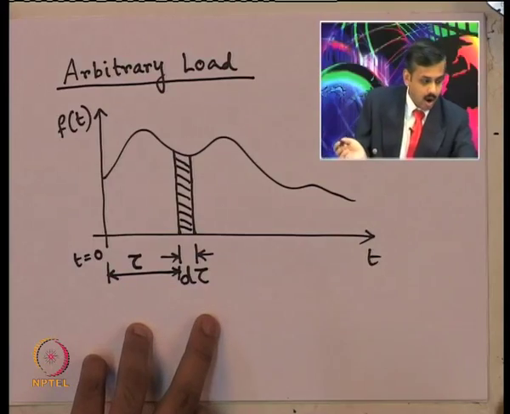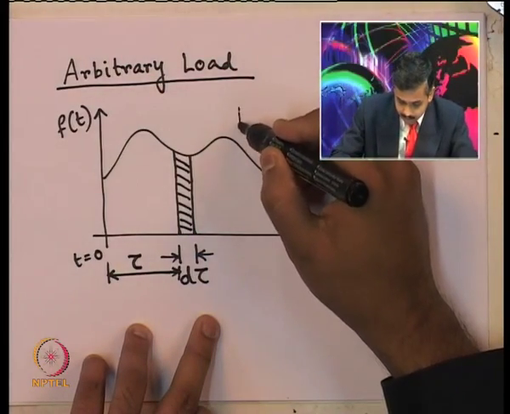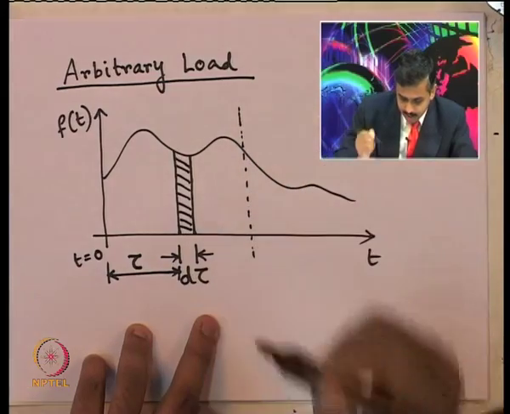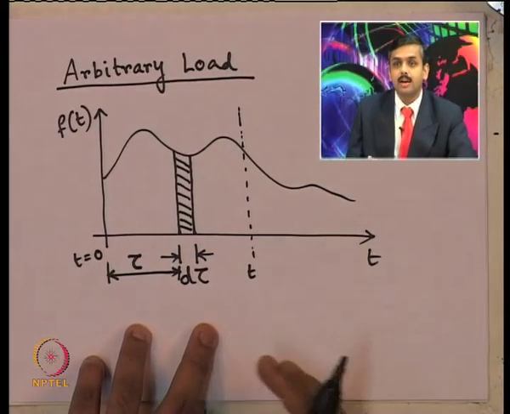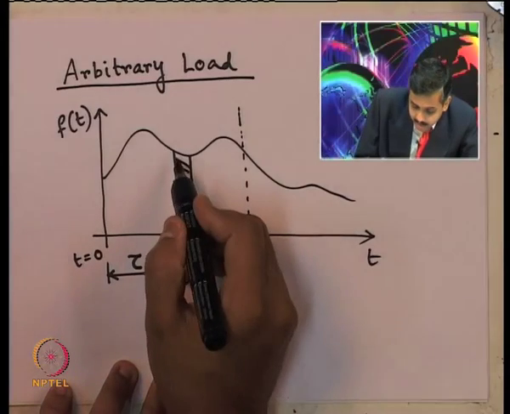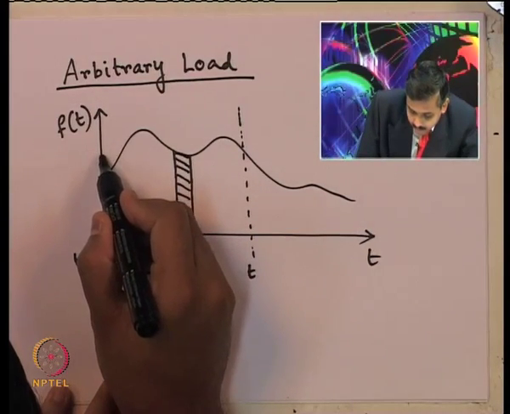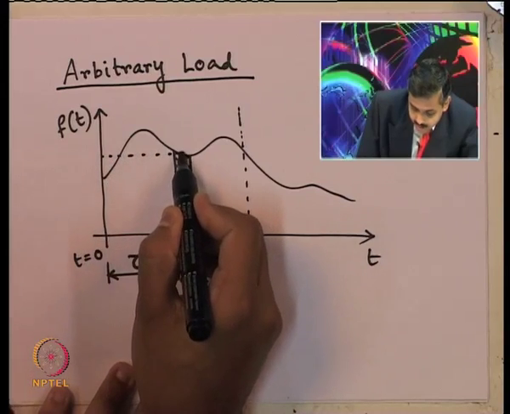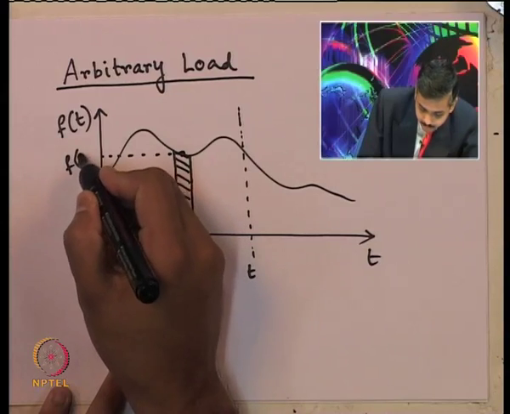We want to find out how it varies, and we want the final response at any time t. At this point, for the infinitesimally small magnitude, let us say the value of f of t is f of tau.